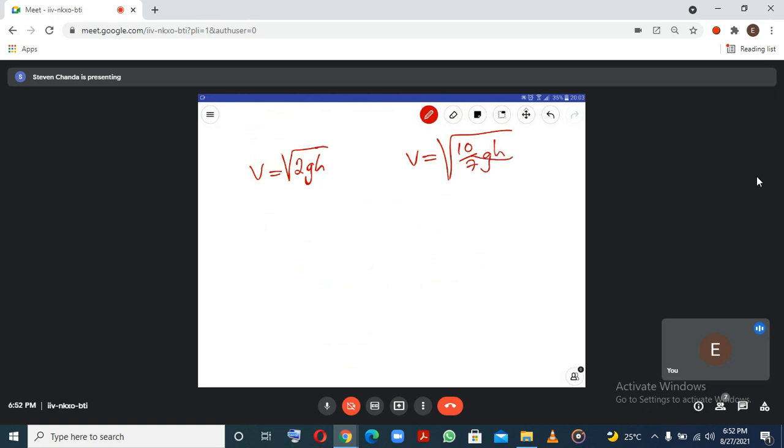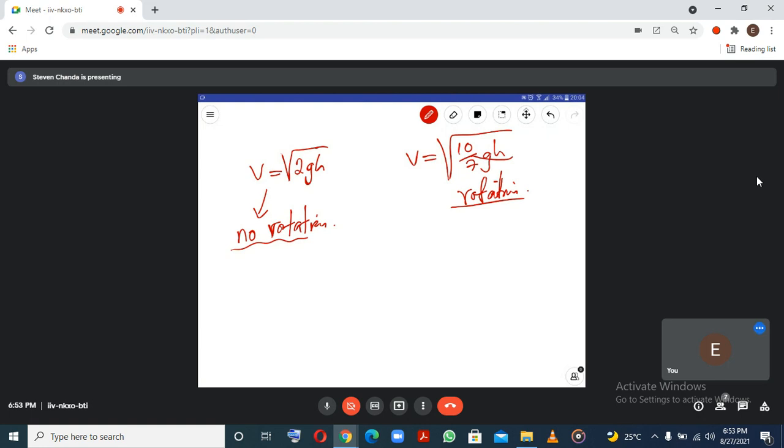When there is no rotation, the velocity is going to be more, because all the potential energy that was at the top just goes into translational kinetic energy. But if there is rotation, as in this case, some amount of energy goes into rotation, and that's why this value is less.